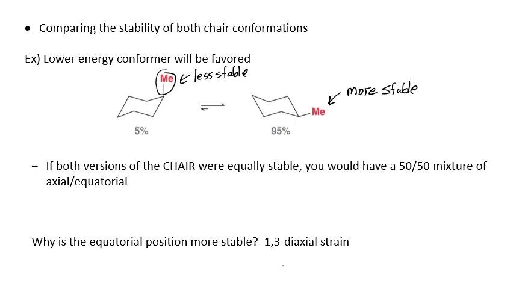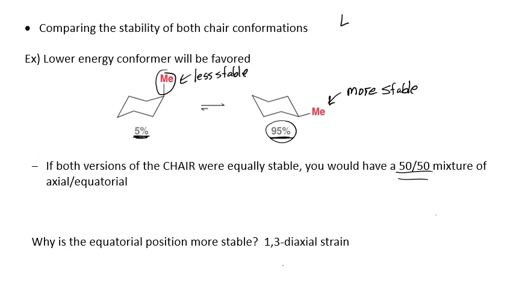And the data shows us that we can actually measure how much time a chair will spend in a particular conformation. And 95% of the time, a monosubstituted cyclohexane will spend most of its time in the chair position with the substituent in the equatorial position, because equatorial is more stable. If both chairs were equally stable, we'd have a 50-50 mixture, but we don't. We see that we have a 95-5 mixture.